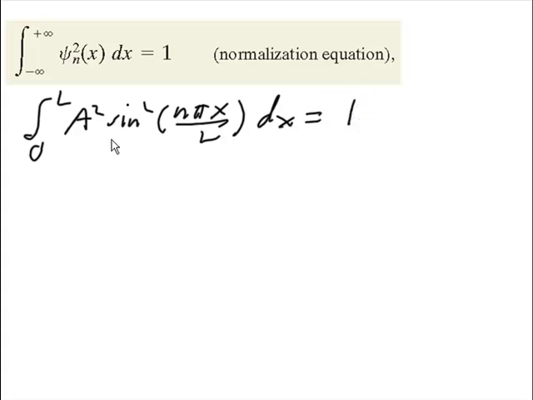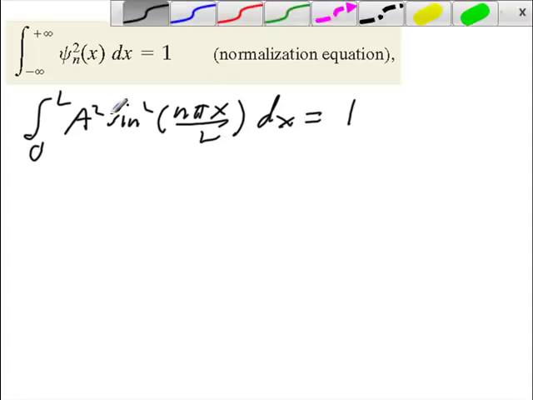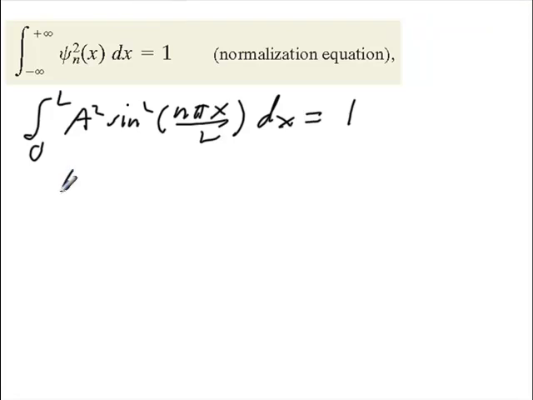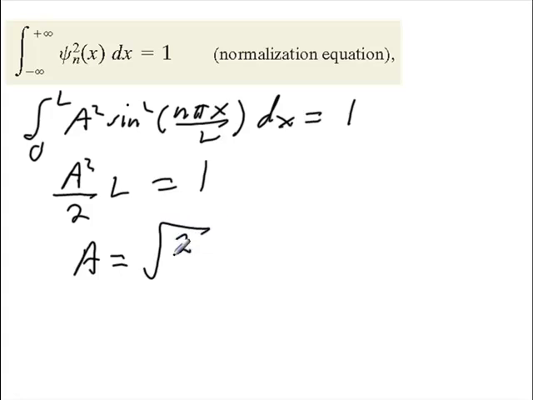It turns out that if you integrate sine squared over at least half a cycle, or any integer number of half cycles, which we always do here, it averages to 1/2. So this left-hand side is always going to end up being A squared over 2 times L. And that has to equal 1, which tells us that A is going to be the square root of 2 over L. In general, we can have a complex phase on it, but we really don't need it, so why complicate?